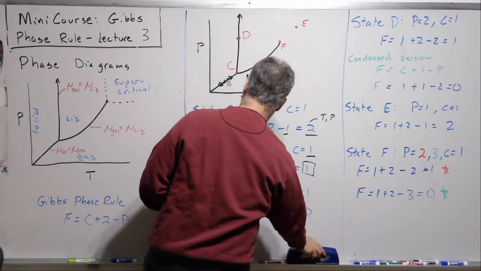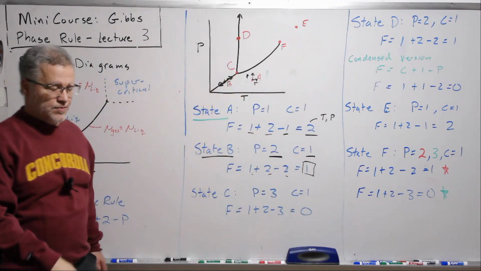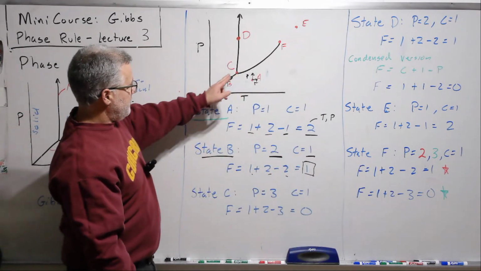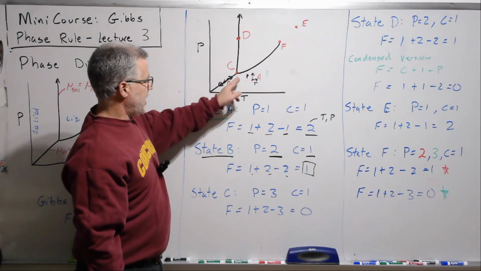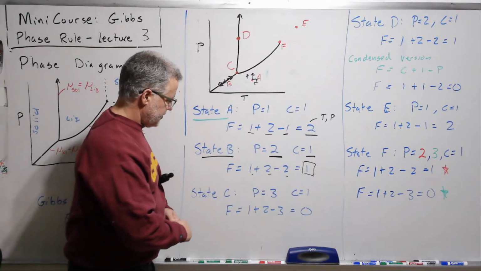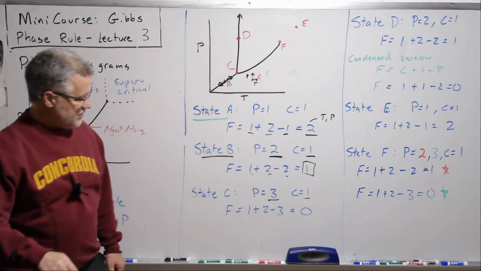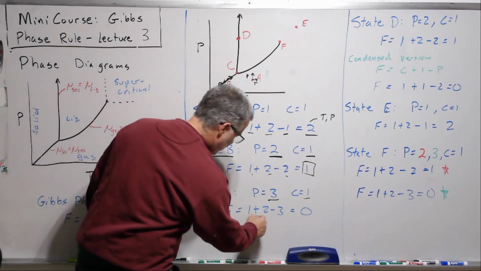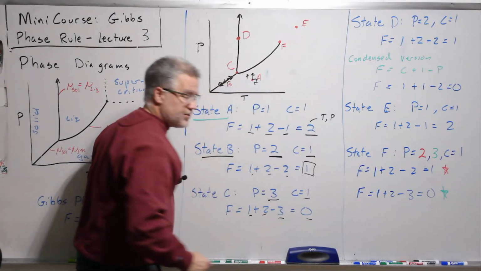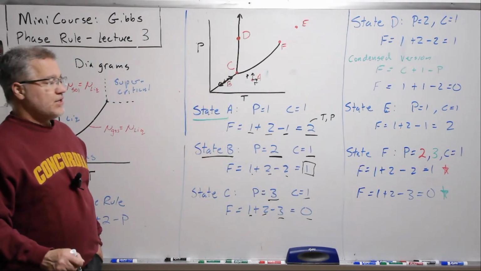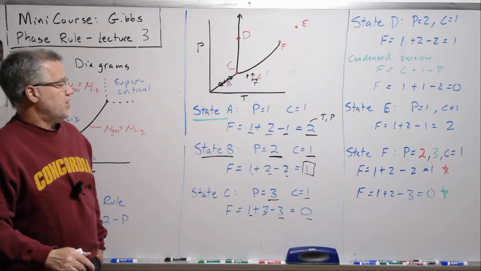So now let's look at, see, this is called the triple point because 3 phases are in equilibrium: solid, liquid, and gas. So we have 3 phases here, 1 component, and so we have 1 plus 2 minus 3 equals 0, and thus we have no degrees of freedom here.